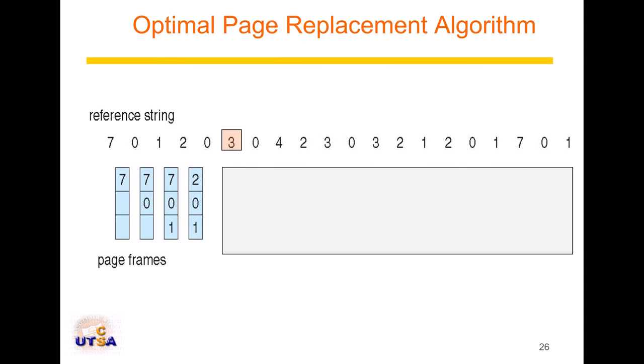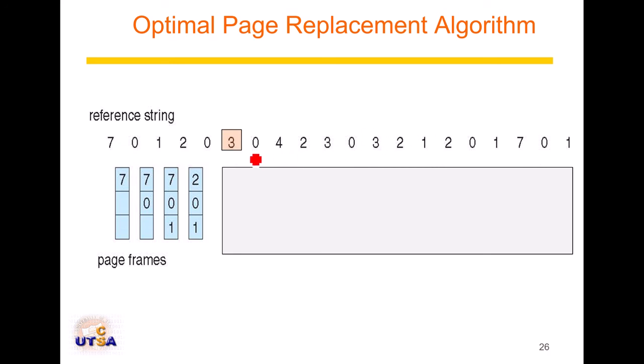Okay, so the next question might be, what is the best page replacement algorithm? Actually, the optimal page replacement algorithm is just a reference model, because to find the optimal results, we really need to know the sequence of page numbers in advance.